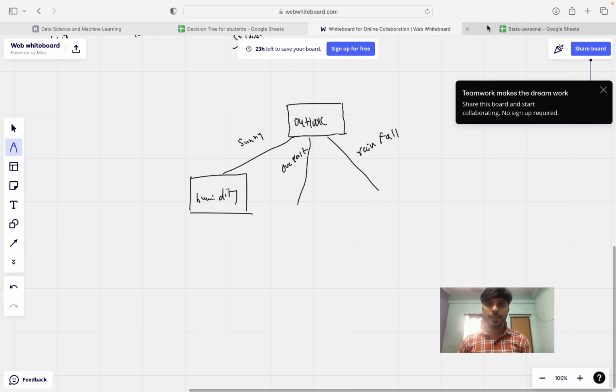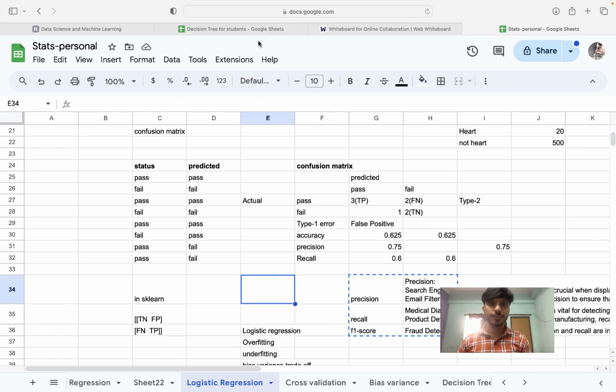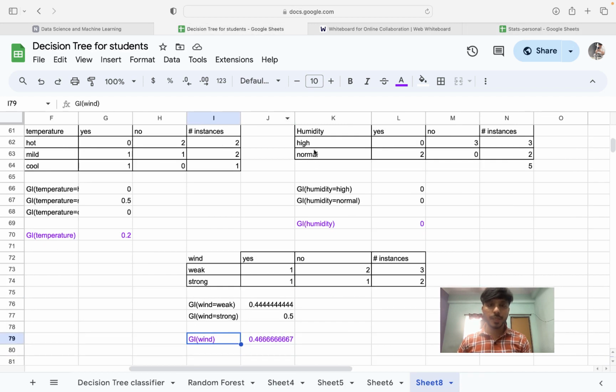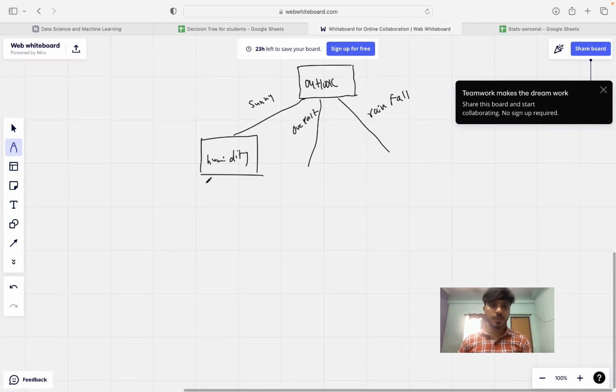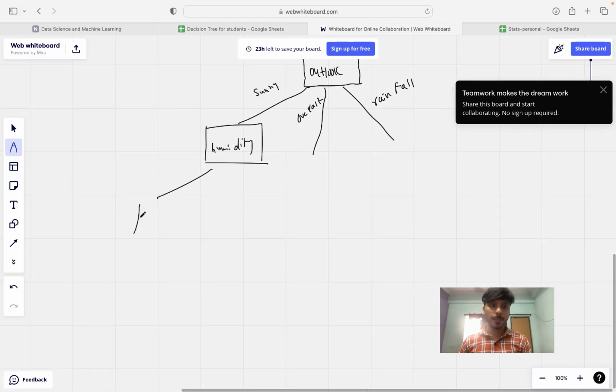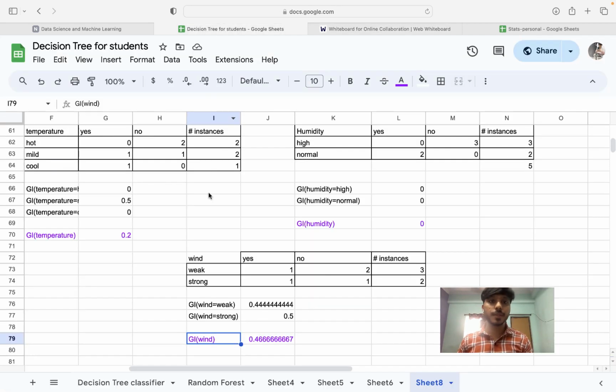Let us check that. In humidity we have high and normal, right? So these are further divided into high and normal.